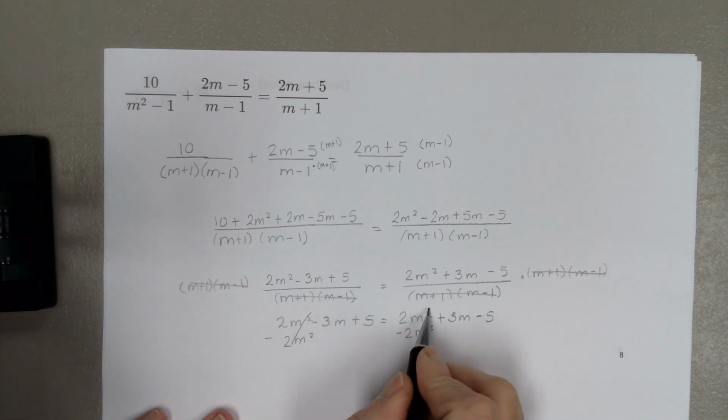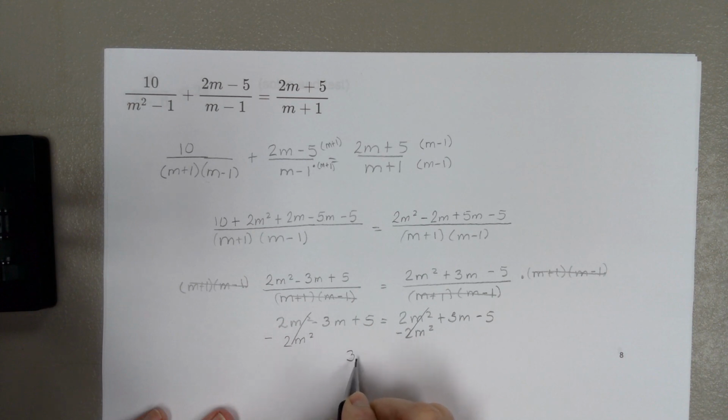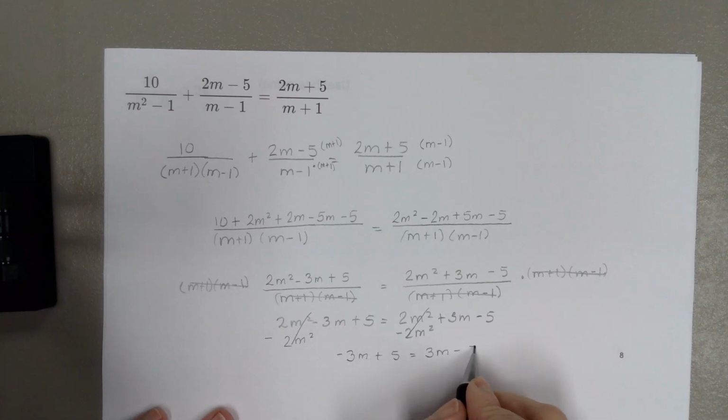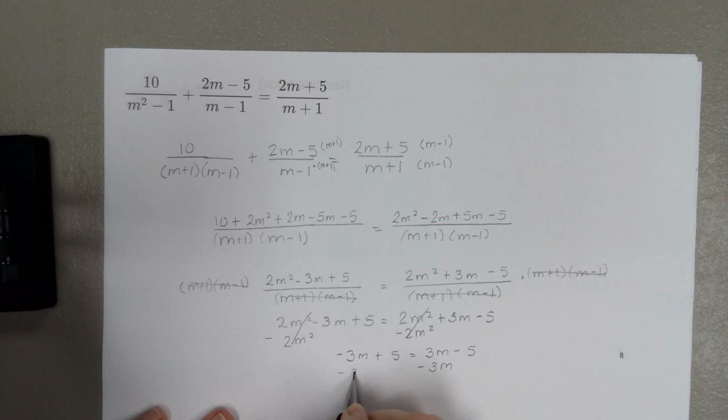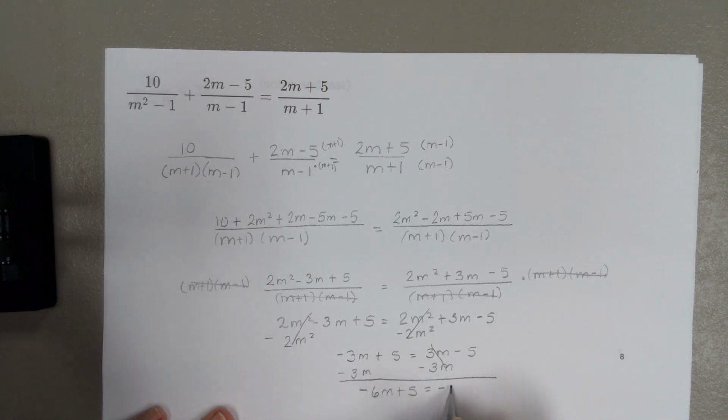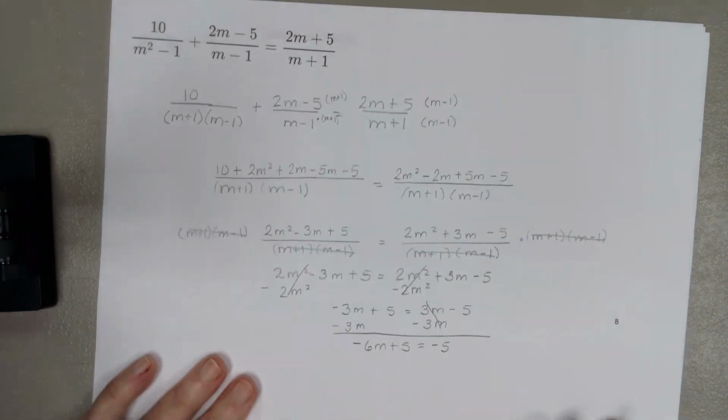So that's going to cancel out on both sides, so I'm left with a negative 3m plus 5 equals 3m minus 5. I'm going to subtract a 3m from both sides. So I'm going to get a negative 6m plus 5, cancels out there, equals negative 5.